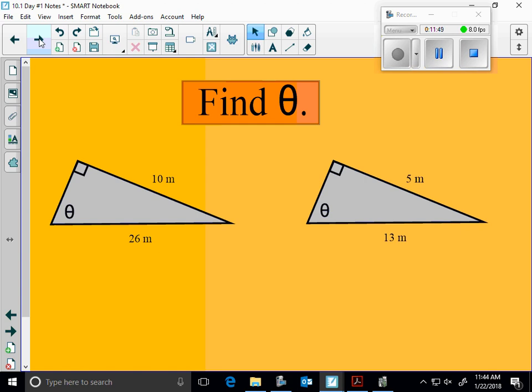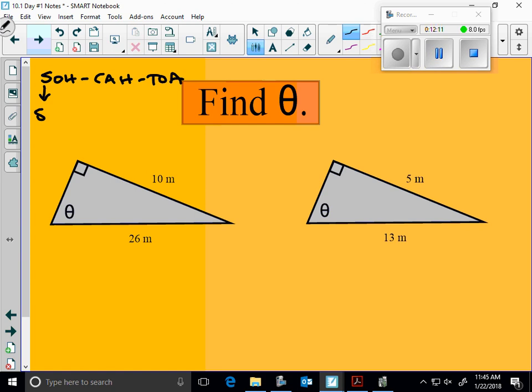All right, now talking inverse tangent, inverse cosine, inverse sine. Let's try to remember these. SOH CAH TOA. What does this mean?